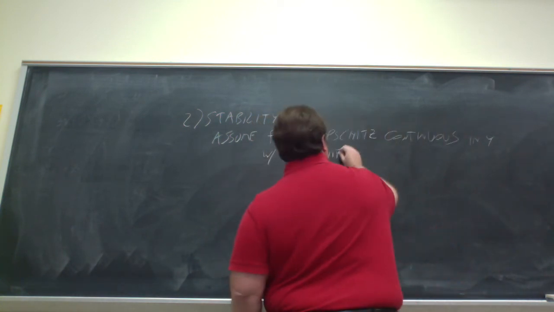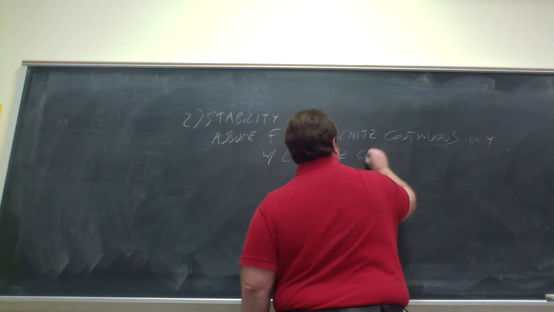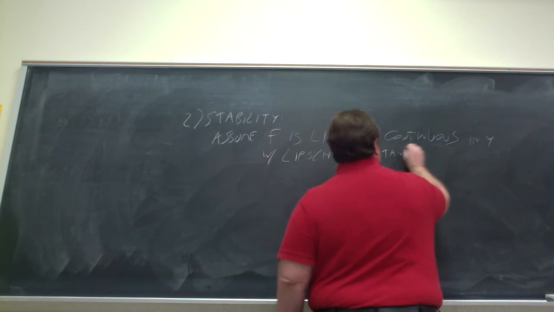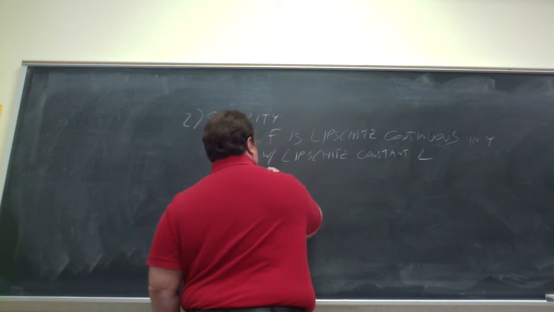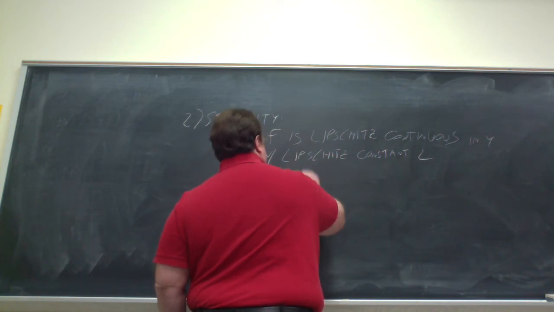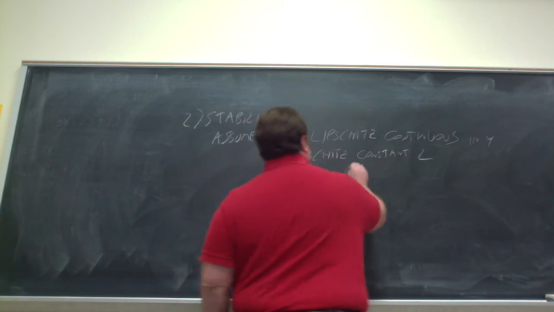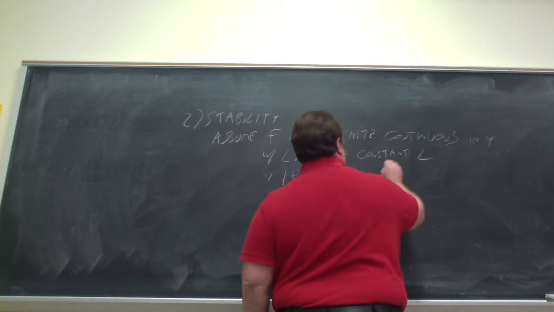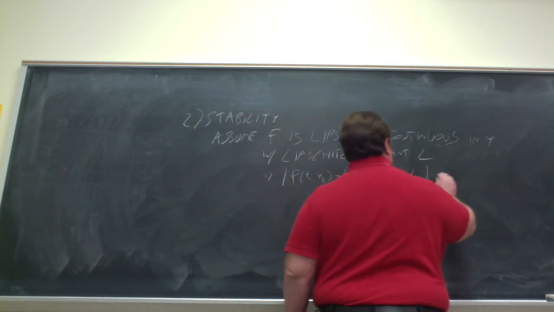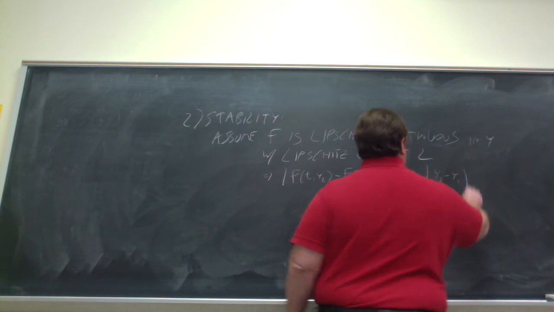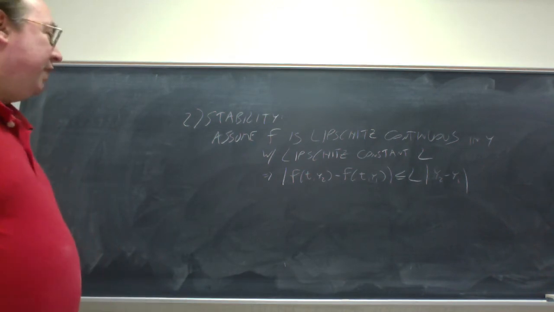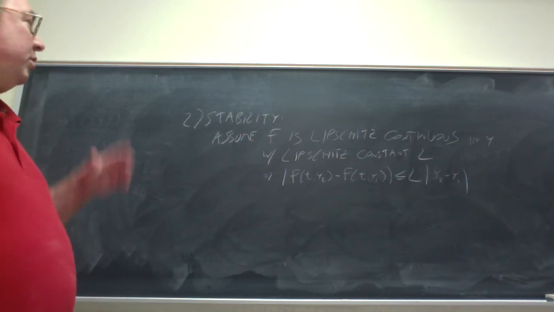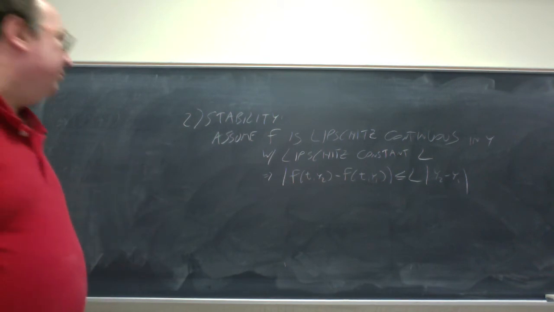It doesn't have to be Lipschitz continuous in t, with a Lipschitz constant of L. So in other words, if I look at f of t, y2 minus f of t, y1, it is less than or equal to L times the difference in y values. Another way of saying it is that it's Lipschitz continuous if partial of f with respect to y is bounded by L. So we're going to assume that because that would give us a well-posed problem.